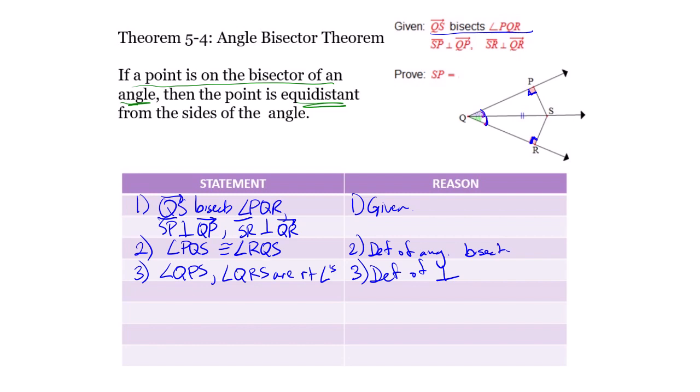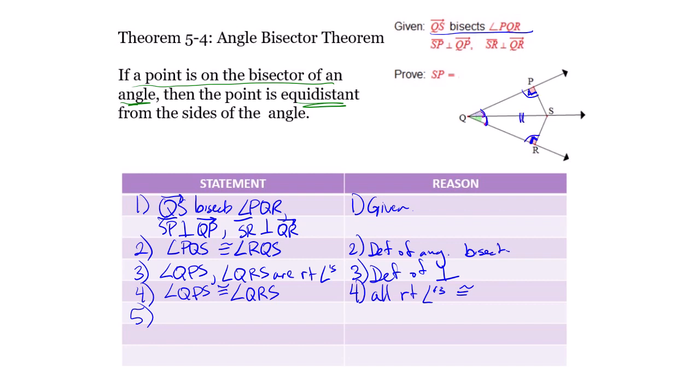So if we have another angle, then we can do angle, angle, side, right? And so for step 4, I'm going to say that angle QPS is congruent to angle QRS. And the reason is all right angles are congruent.